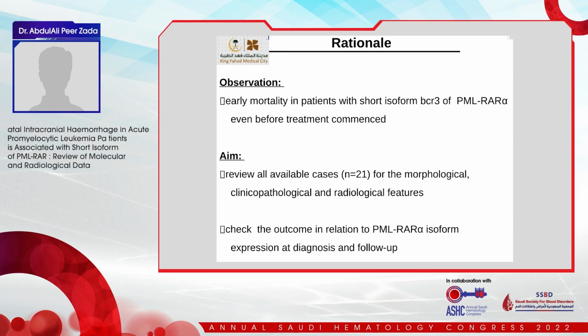Based on that observation, we decided to review all the available cases at that time for the morphological, clinicopathological, and radiological features, in order to see the outcome of these patients in relation to PML-RAR alpha isoform expression, diagnosis and follow-up.